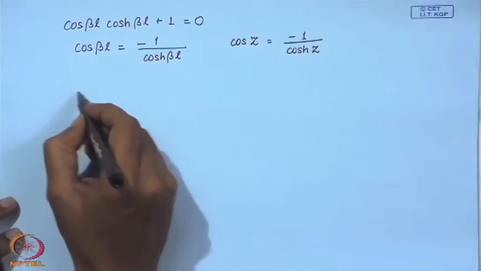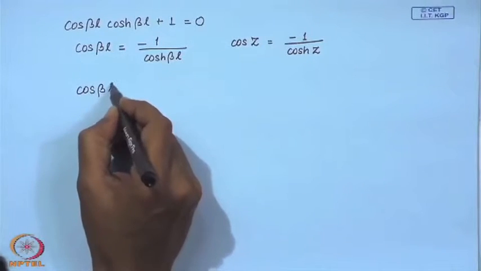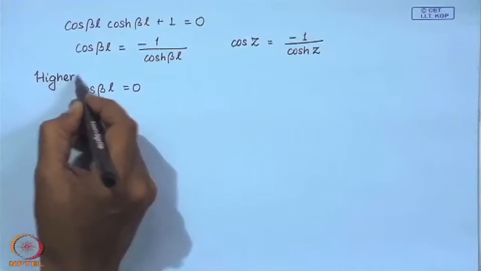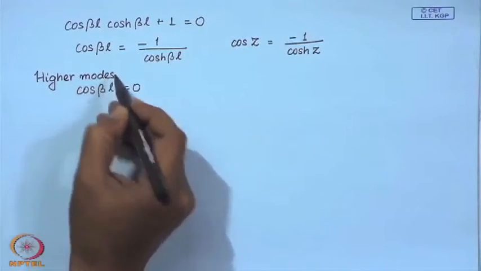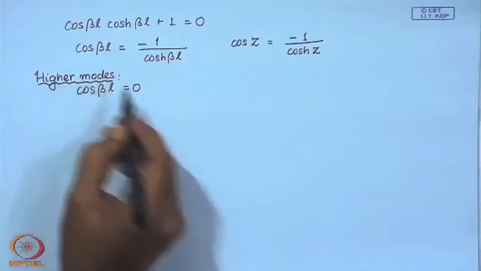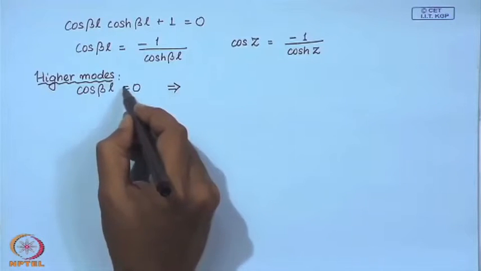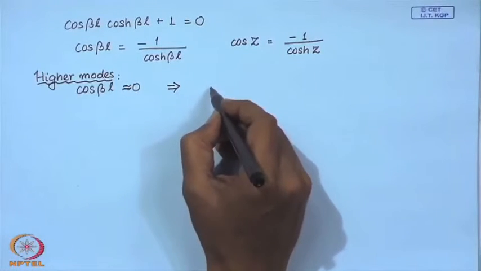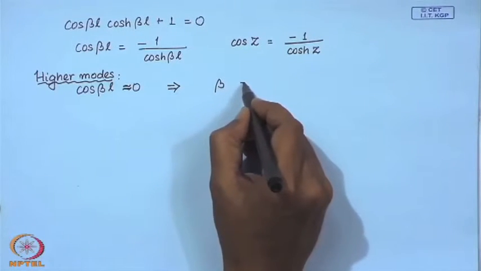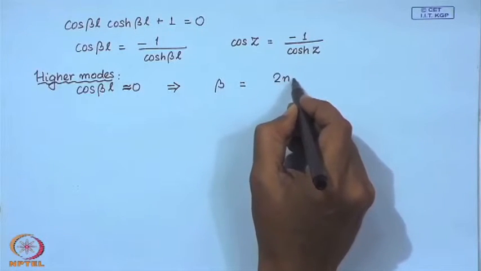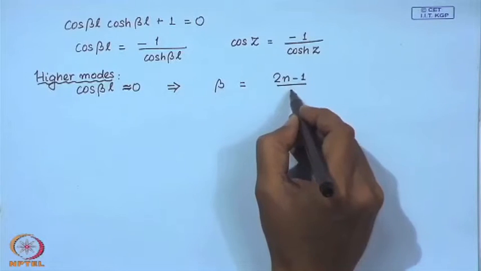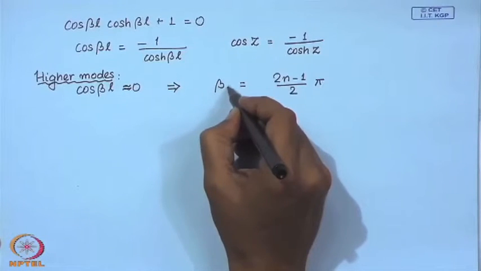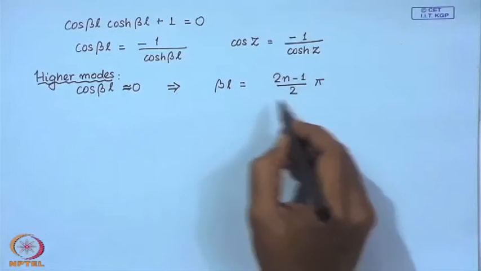So, therefore, I can write this beta L as approximately this.